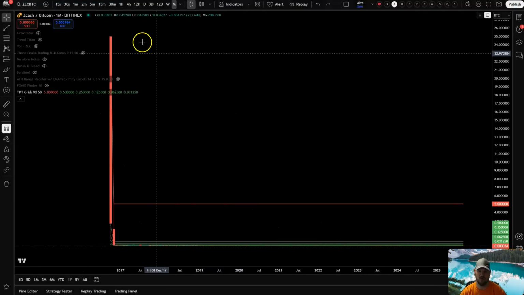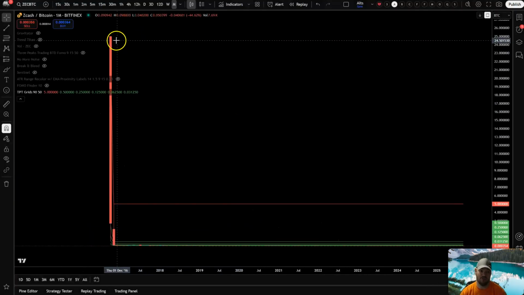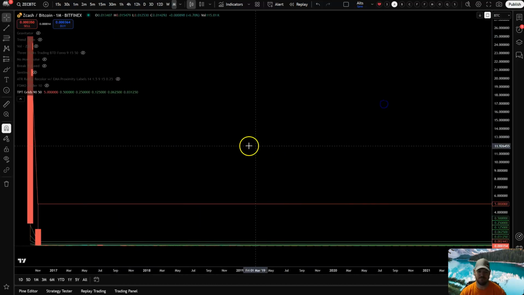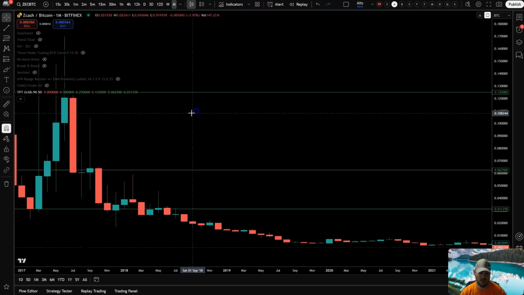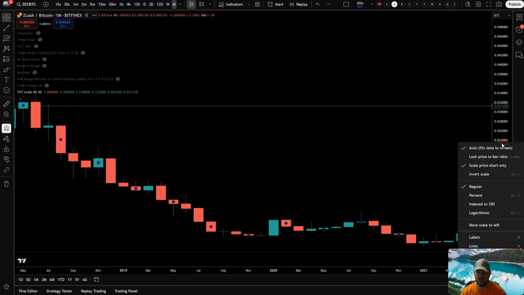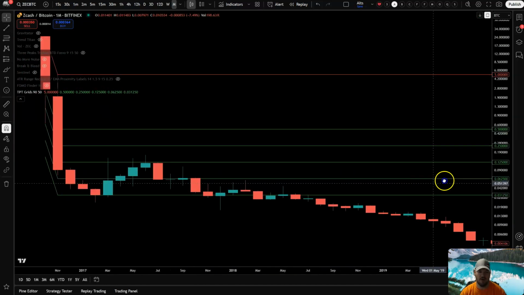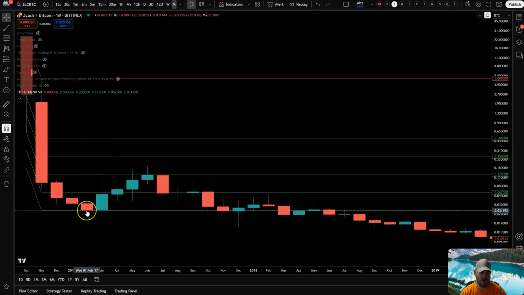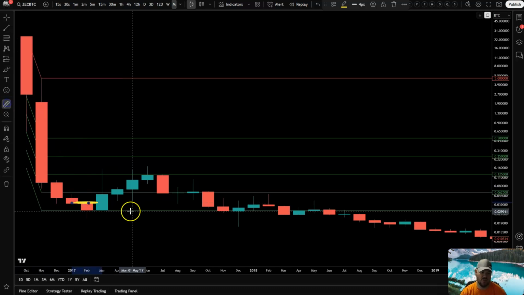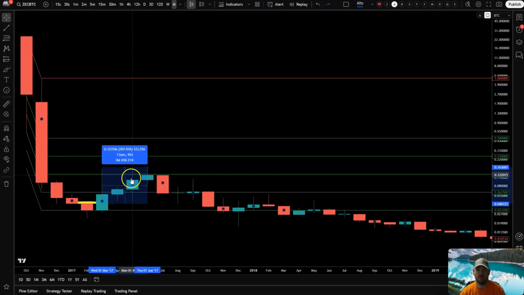At one point in time, it was actually worth 25 or 26 Bitcoin back here. But looking at it, let's put this on a log chart, by the time all 5 levels were hit right here, that means the cost average would have been somewhere down around this area through here, because of the way the weighting works. And then you can see there was a massive pump of over 300%.